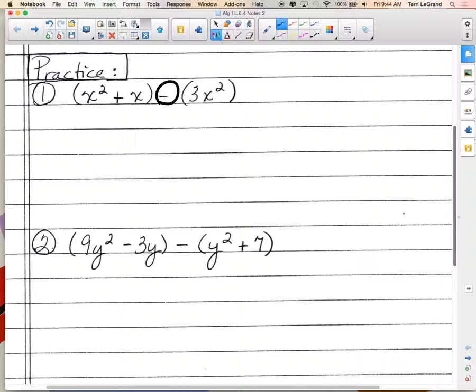Okay, so because first thing we would do is if there's any subtraction within the polynomials themselves, we would change that subtraction to add the opposite. But these both happen to have addition. As Devin noted in the first one, it has addition. So we're going to just drop the parentheses for that first one.